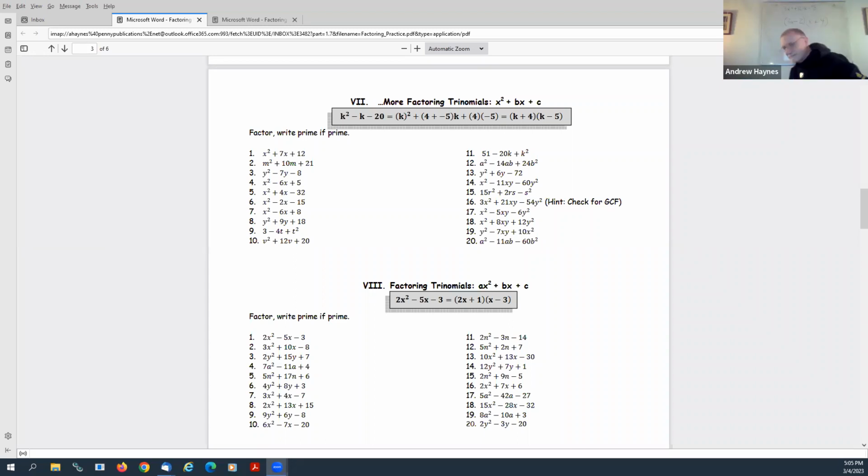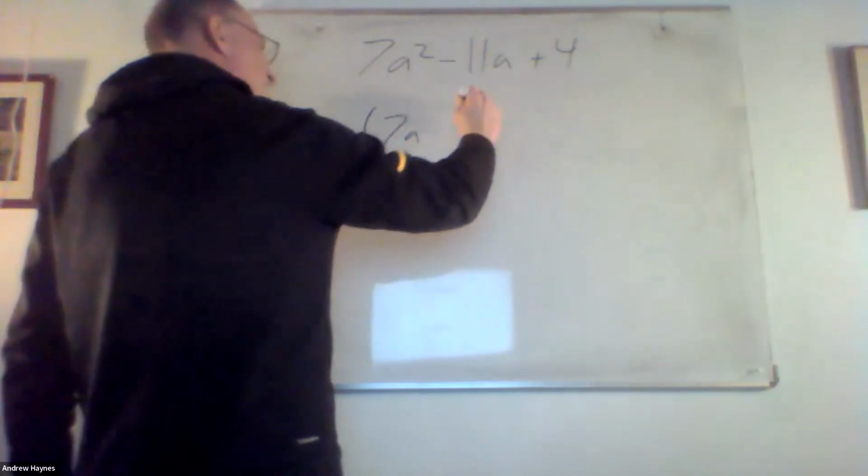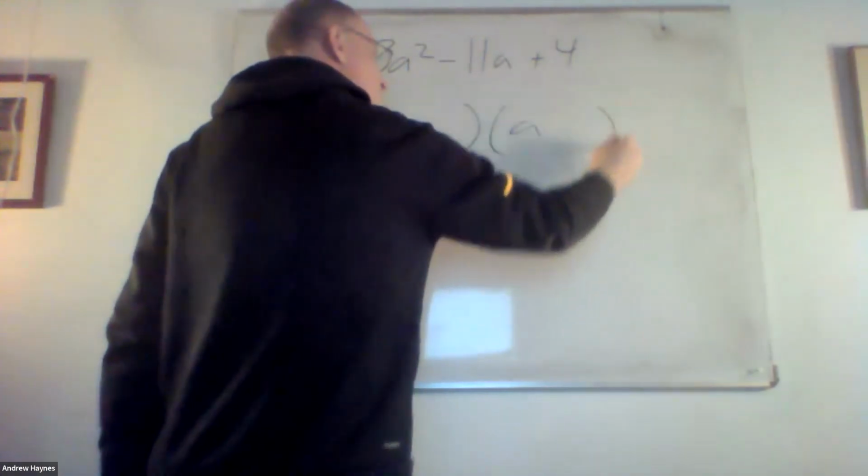All right. So let me write it up here. So we've got 7a squared minus 11a plus 4. So we know inside we have 7a and we have a.